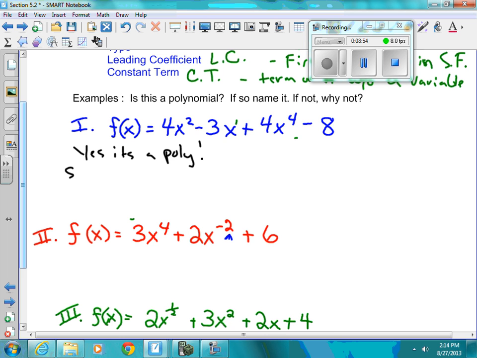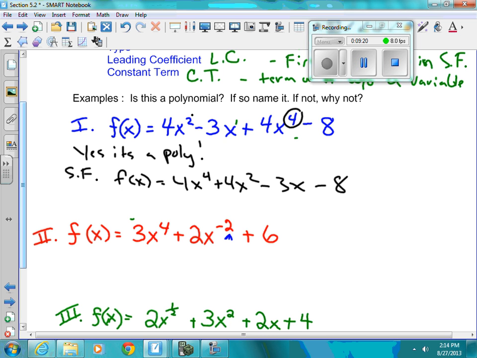It is not in standard form as is, so we're going to rewrite it. We look for the term with the biggest power. The biggest power in this one is 4, so 4x to the fourth goes first. The next biggest is this 2 here, so plus 4x squared. Then we have a negative 3x to the 1, so negative 3x minus 8.